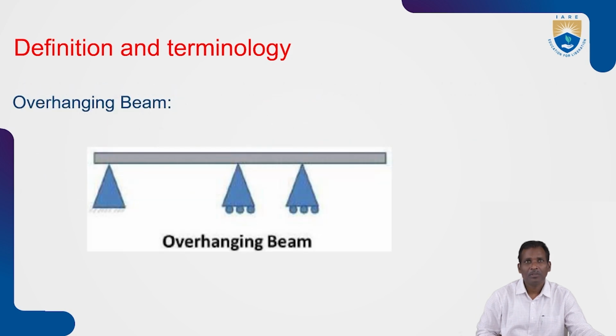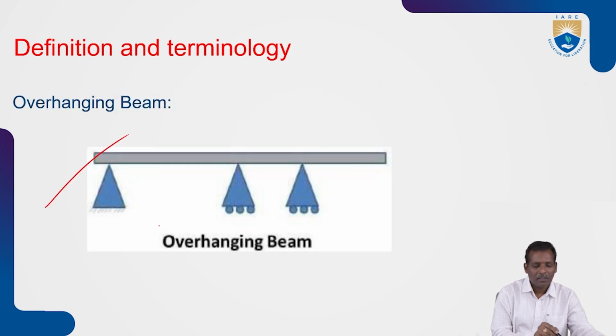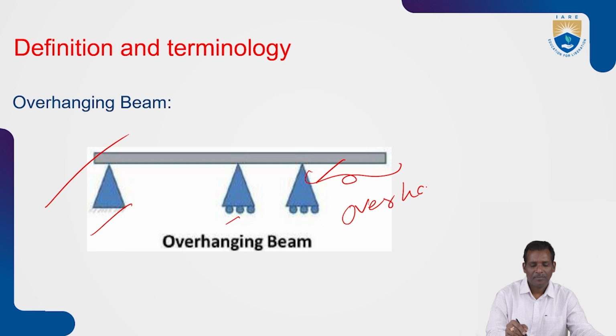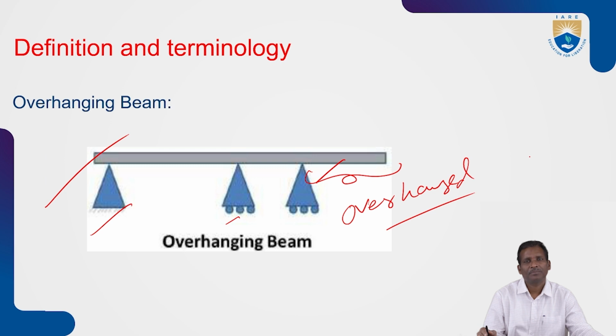So I will show you the overhanging beam. See, one end is roller support, the other end is pinned. That comes under simply supported, and one more roller support is also there, and the remaining portion is overhanging, with an overhanging length.